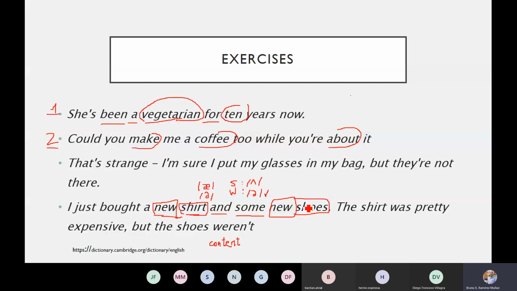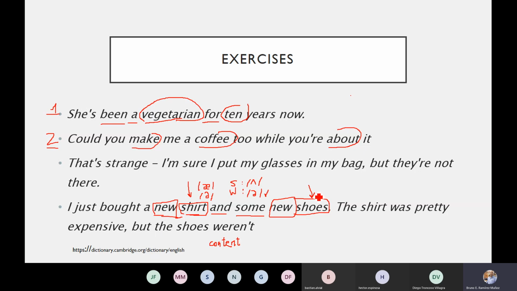But again, depending on the way you say it as a speaker, you could say, I just bought a new shirt and some new shoes. The amount of emphasis you decide on could be to stress the noun, to clarify that you're talking about shirt and shoes and not any other clothing items.